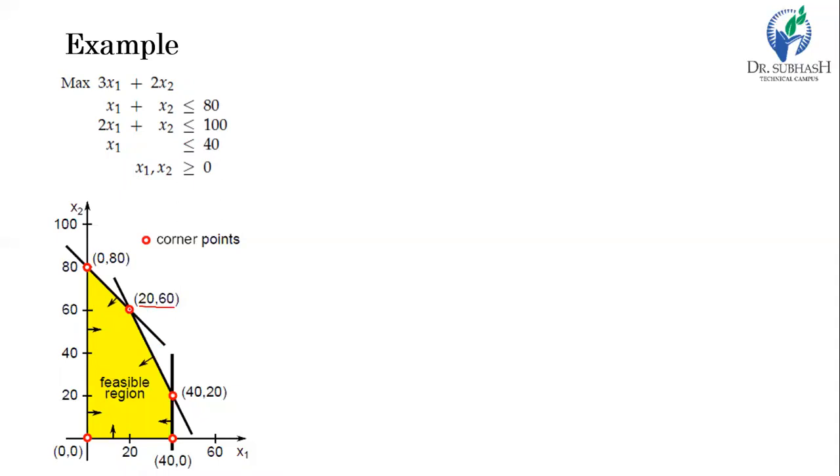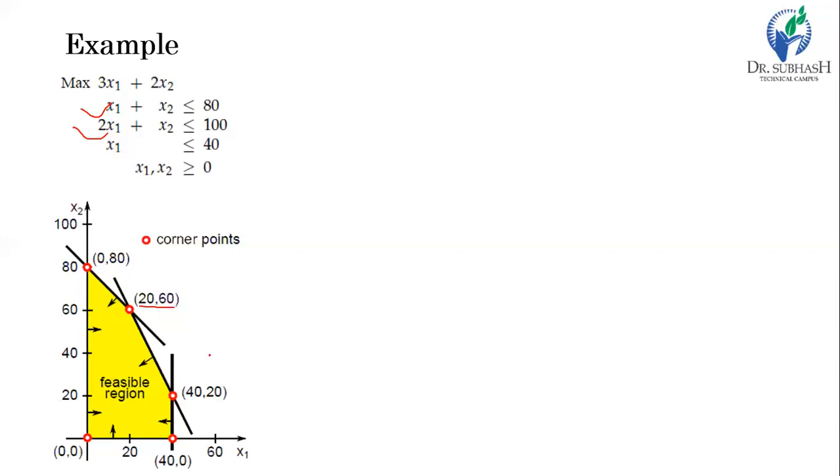Here, this point is the result of the intersection of two lines, x1 plus x2 equal to 80 and 2x1 plus x2 equal to 100. If you want the exact answer for this intersection point, you have to solve these two equations. By solving them, you will get the values of x1 and x2, which is our intersection point. So here we get the coordinates of all the extreme points.